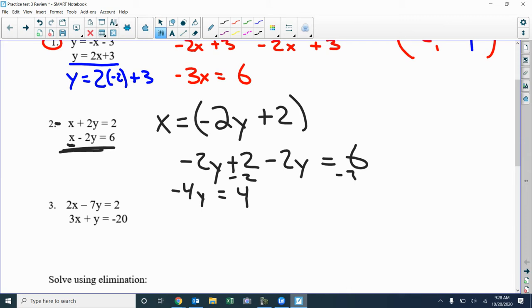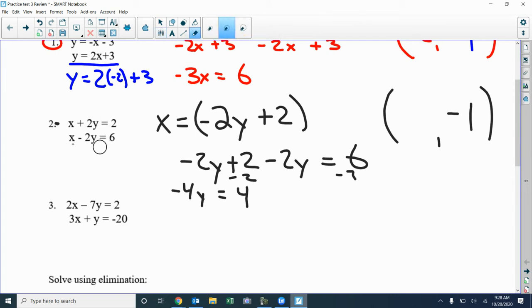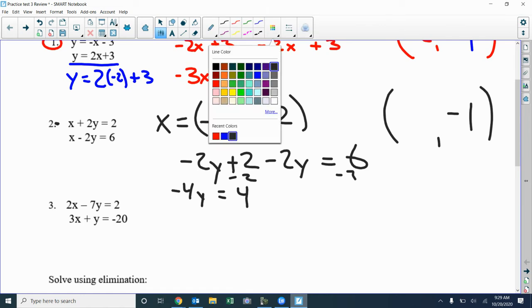Divide by negative 4. So it looks like my Y here is negative 1. So my Y here is negative 1. Go back. Does it matter which one of these we choose to use? No, it really doesn't. Okay. So a simple one.